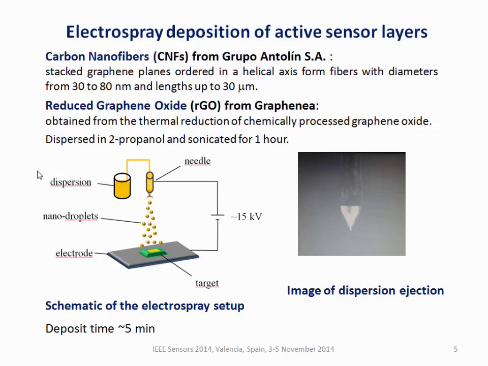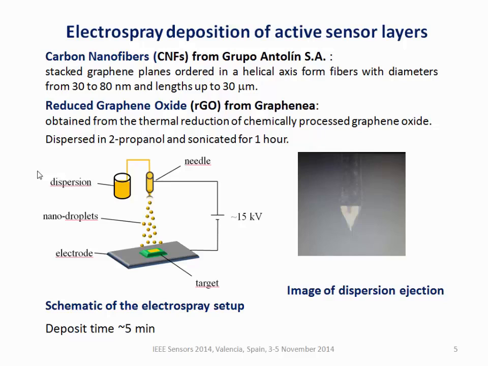Method of deposition: electrospray deposition. The setup is schematically shown here. The materials, reduced graphene oxide or carbon nanofibers, were dispersed in propanol and deposited from a syringe through a needle, and between this needle and the electrode a DC electric field was created.